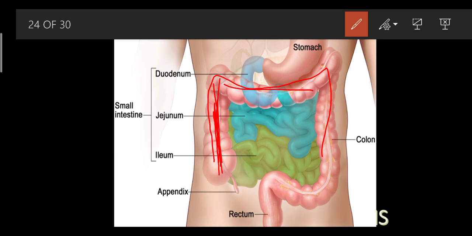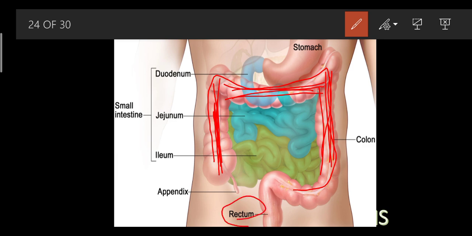The part which travels in a straight line, flat, is called the transverse colon. And the part which goes down is called the descending colon. So the colon helps to transport the food, and then it enters into a structure called the rectum.